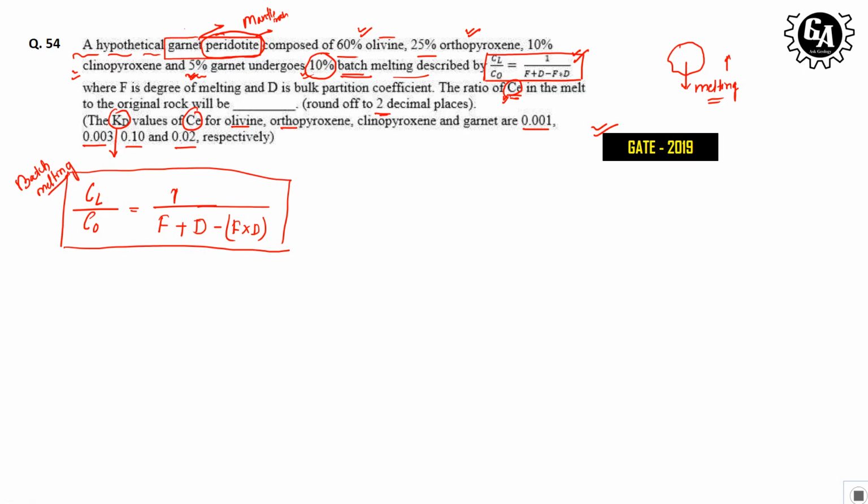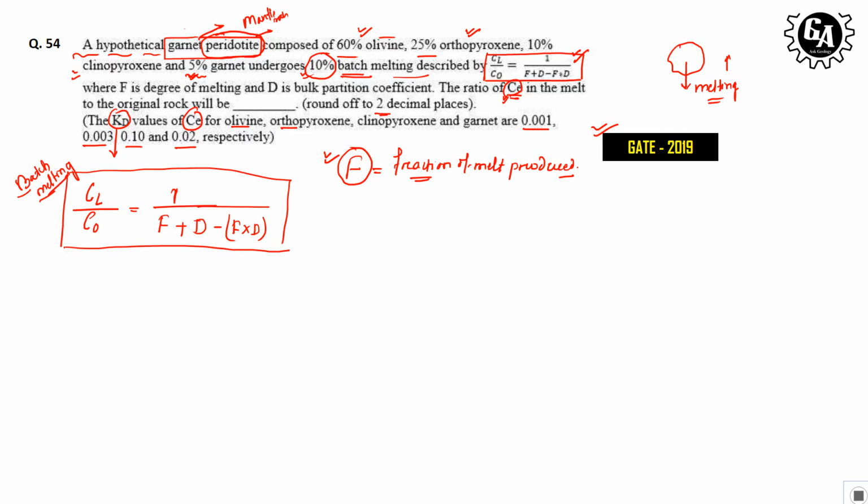F is the degree of melting. Always remember, this is the fraction of melt produced. For fractional crystallization there is another formula, but F is always the fraction of melt produced.